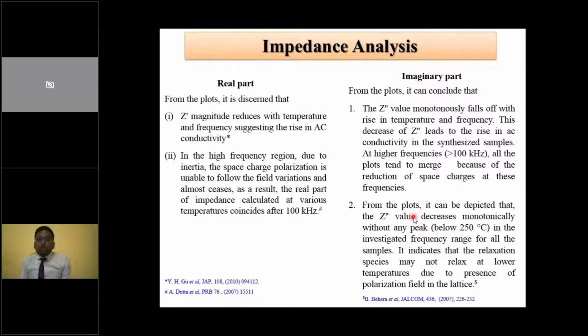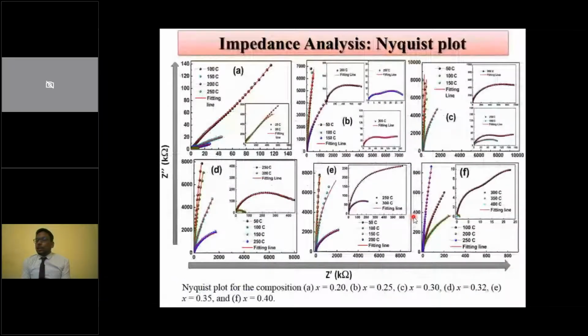Now if we look at the impedance plot, that is known as the Nyquist plot. On the y-axis, the imaginary part of impedance is there, and the real part of impedance on the x-axis.